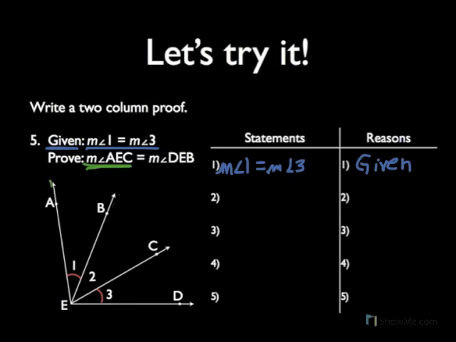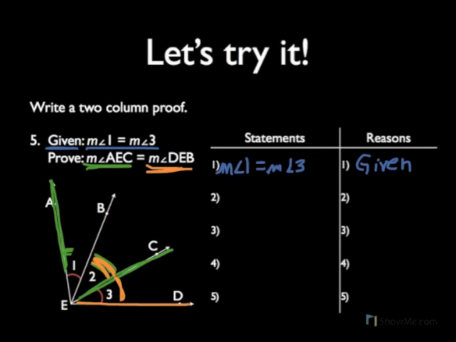Somehow we need to talk about angle AEC here. And I'm looking at that, and that involves both this angle 1 here and angle 2 here, doesn't it? And if I look at angle DEB, that involves angle 3 here and also angle 2. So both of these things involve angle 2.